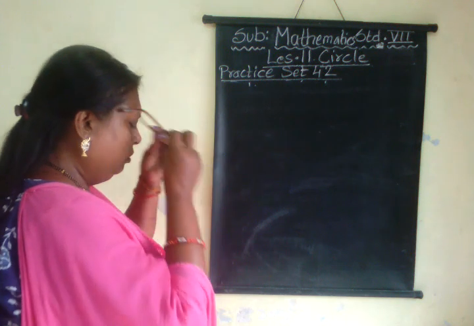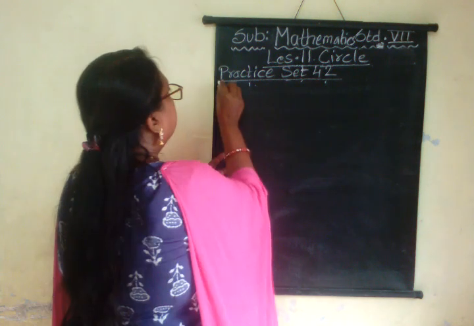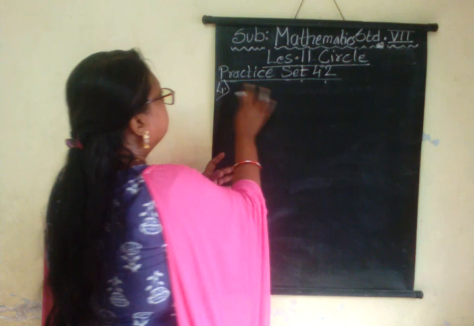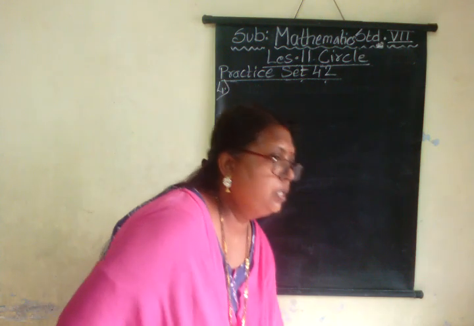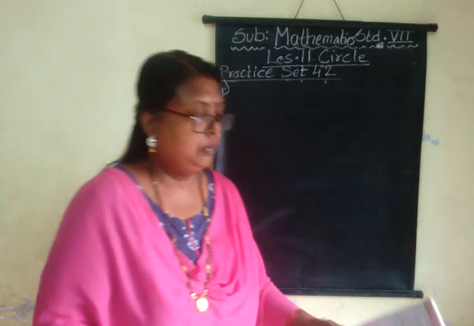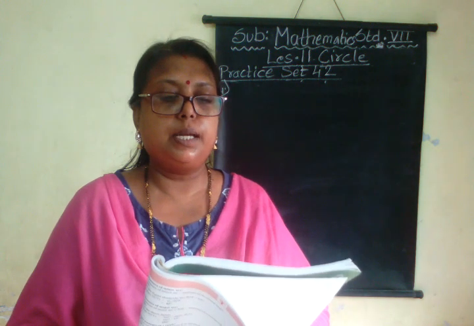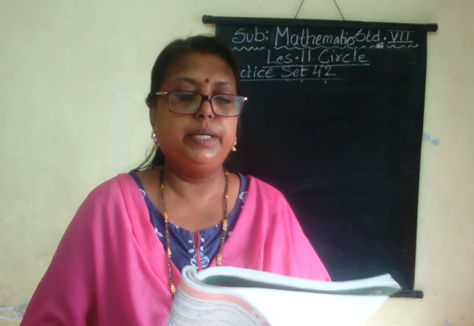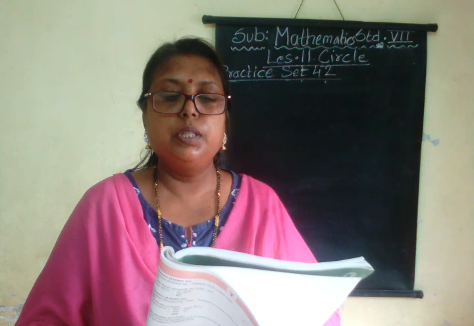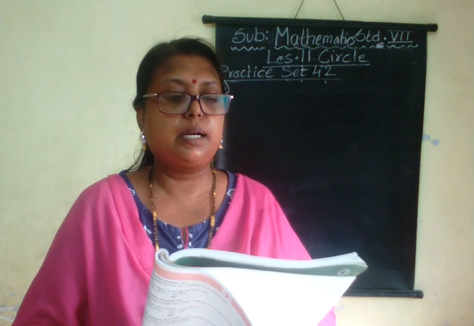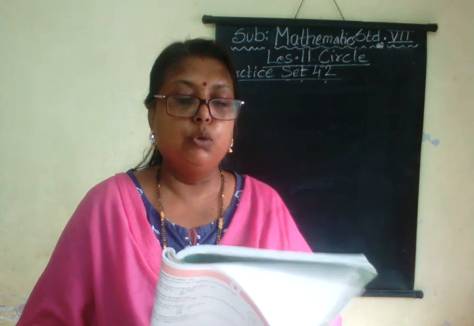I will do for you. Fourth one. See the question in the book. The wheel of a bullock cart has diameter of 1.4 meter. How many rotations will the wheel complete as the cart travels 1.1 kilometer?